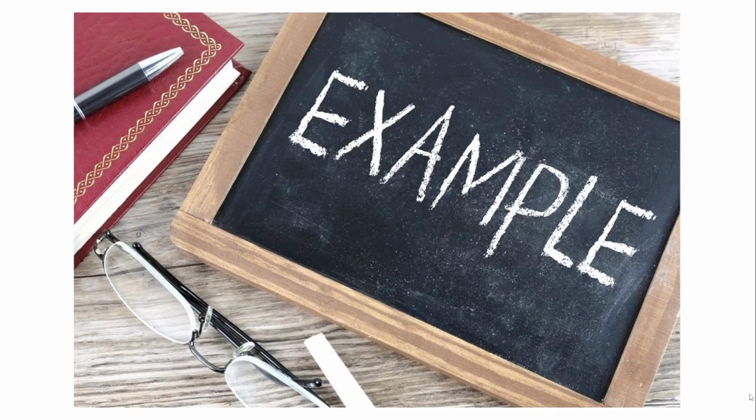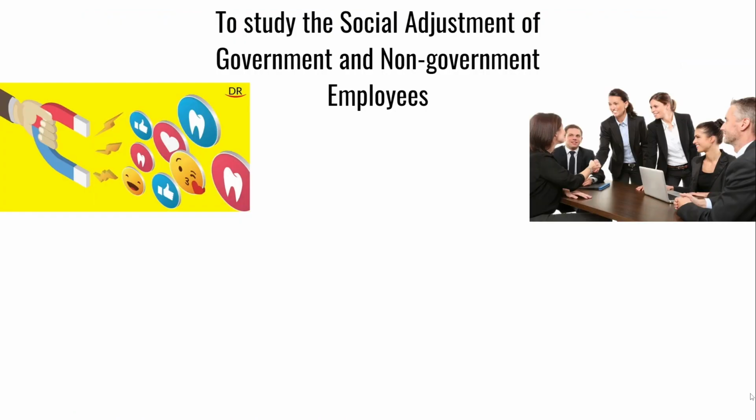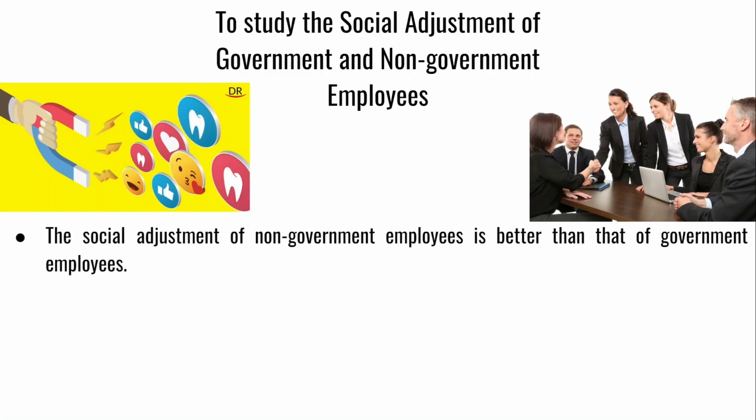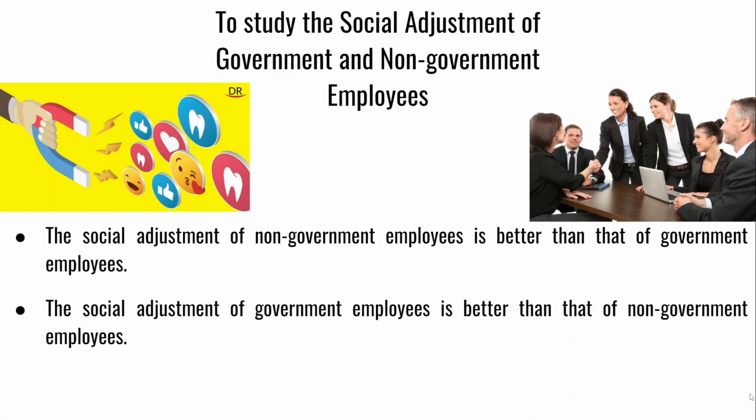Let us take an example of research to understand the formulation of a research hypothesis. Suppose we want to study the social adjustment of government and non-government employees, then the general hypothesis may be like: the social adjustment of non-government employees is better than that of government employees. The social adjustment of government employees is better than that of non-government employees.